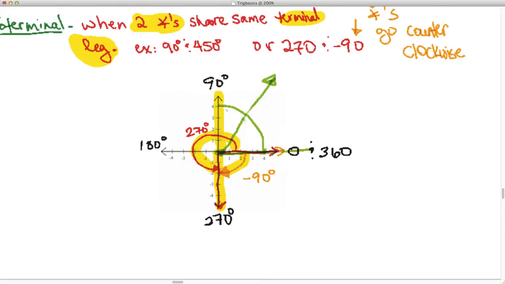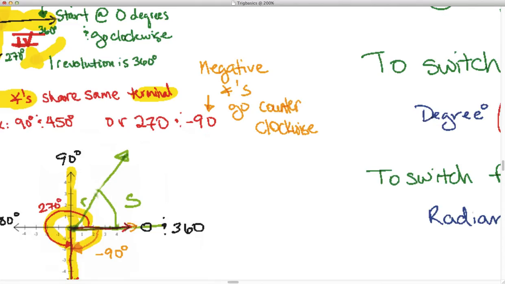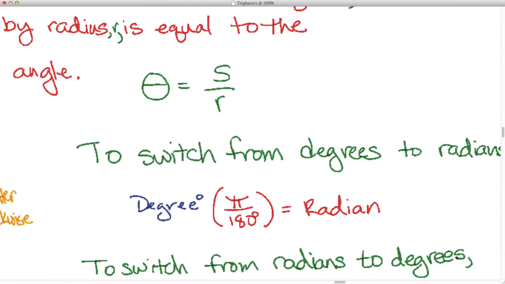Okay, so whenever you take the arc length, in this case this arc length right there, and if we took S and divided it by this R, we have the way we get our radian measures.